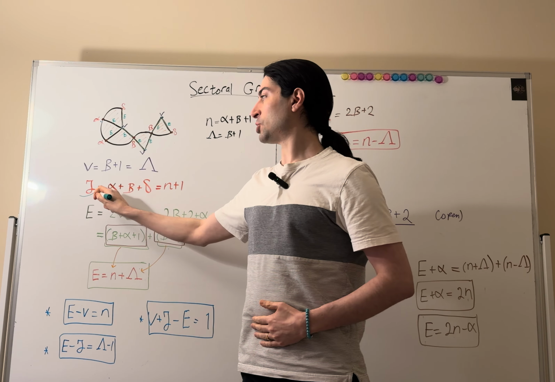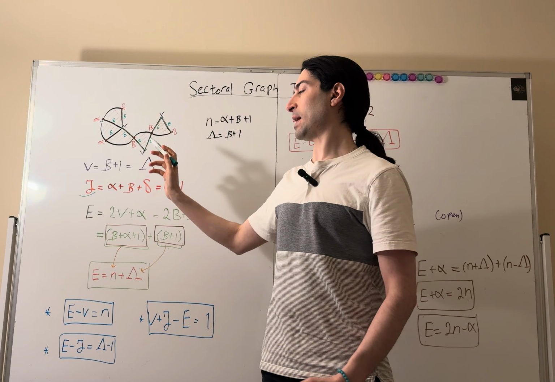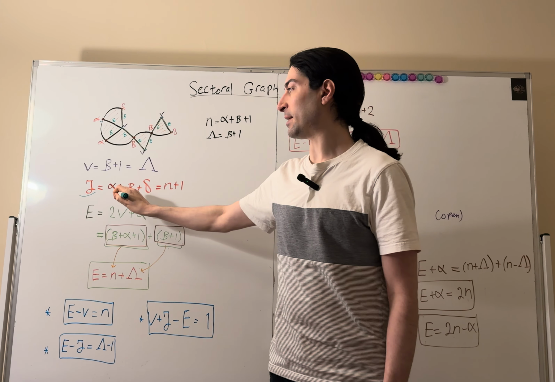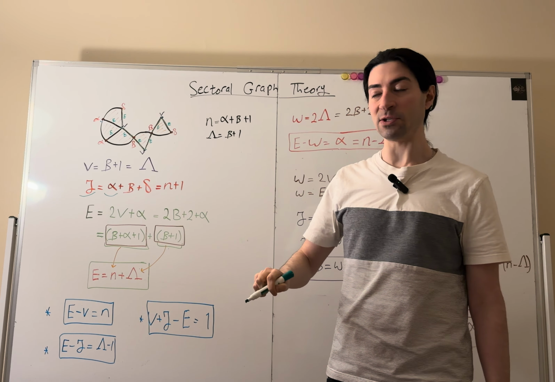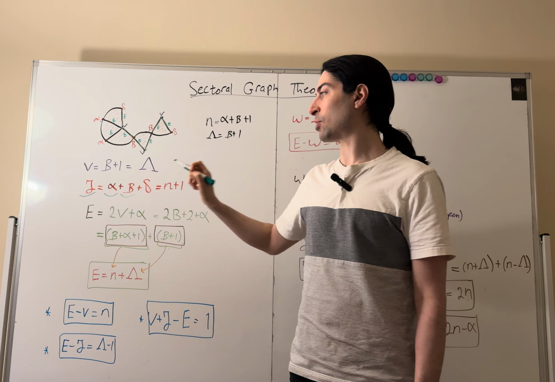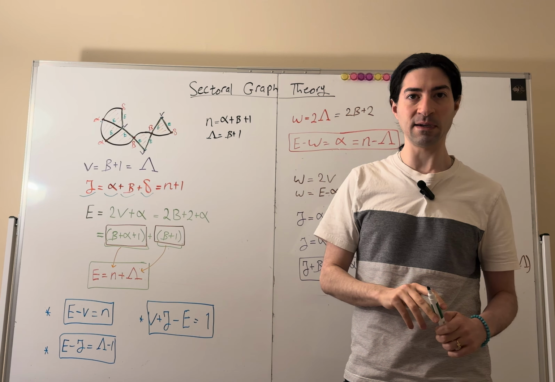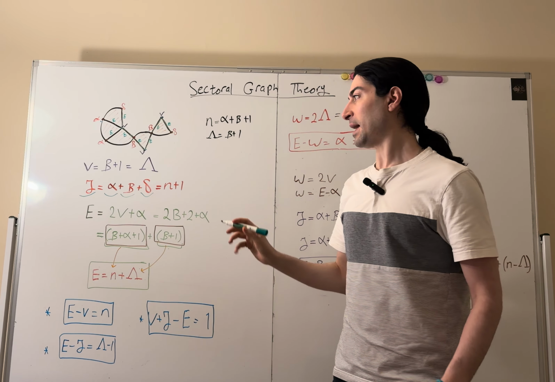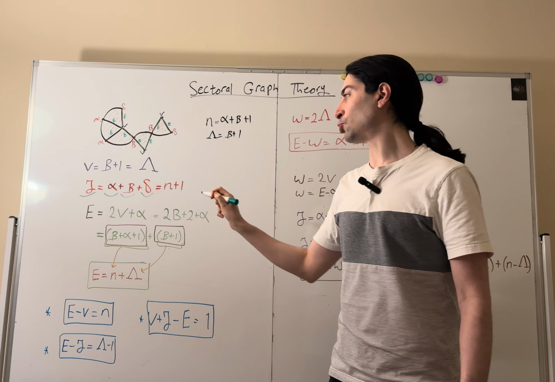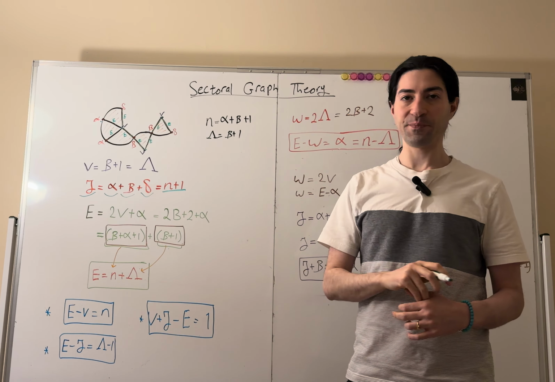But overall, J is equal to, for any sectoral structure, the total number of alpha joints plus the total number of beta joints plus the total number of delta joints. And this will also be equal to n plus 1.